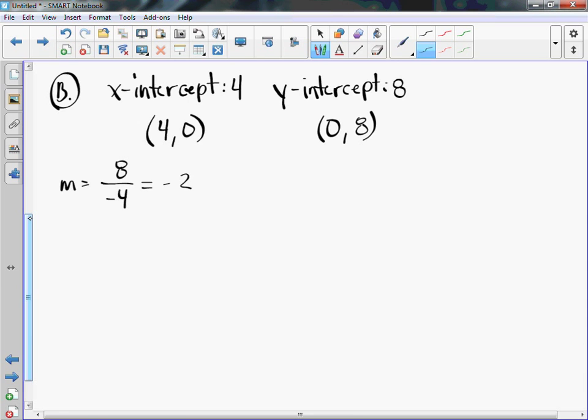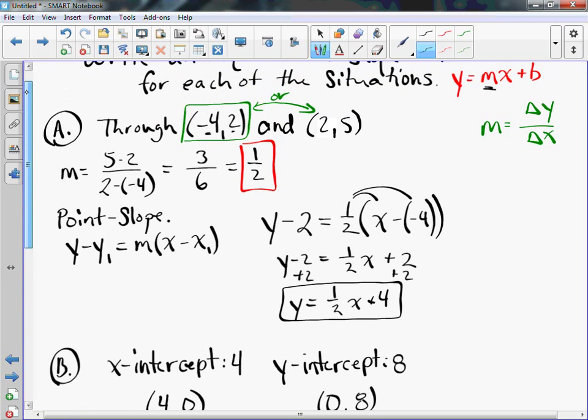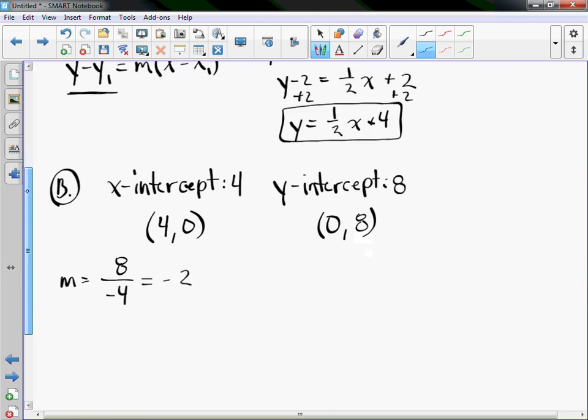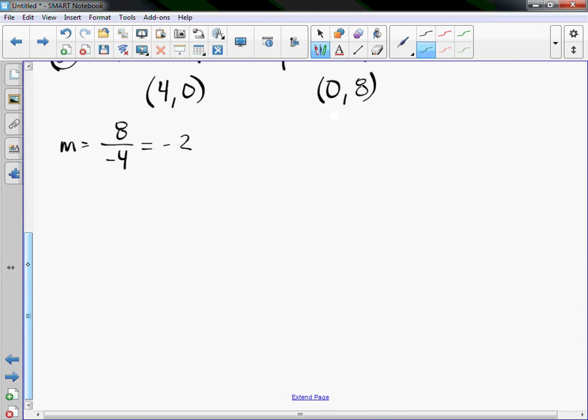If we want to solve for y, it would be really nice if, after we plug into point-slope form, we just had y by itself. That would mean plugging a 0 in for y1. This point has a 0 for y1, so let's do that. y minus y1 equals the slope, negative 2, parentheses x minus x1, which is 4.